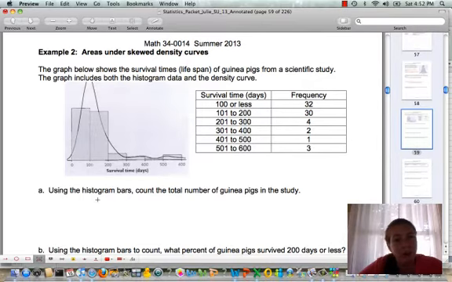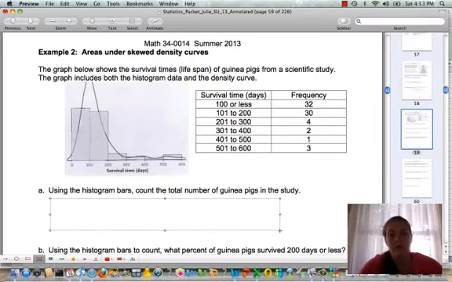So using the histogram bars, and it tells us the frequency numbers up here, count the total number of guinea pigs in the study. So we want to tally up all of our frequency values here in the table. You can see over on the graph is missing the y-axis. So if we tally up everything from the table, we're going to calculate 32 plus 30 plus 4 plus 2 plus 1 plus 3.